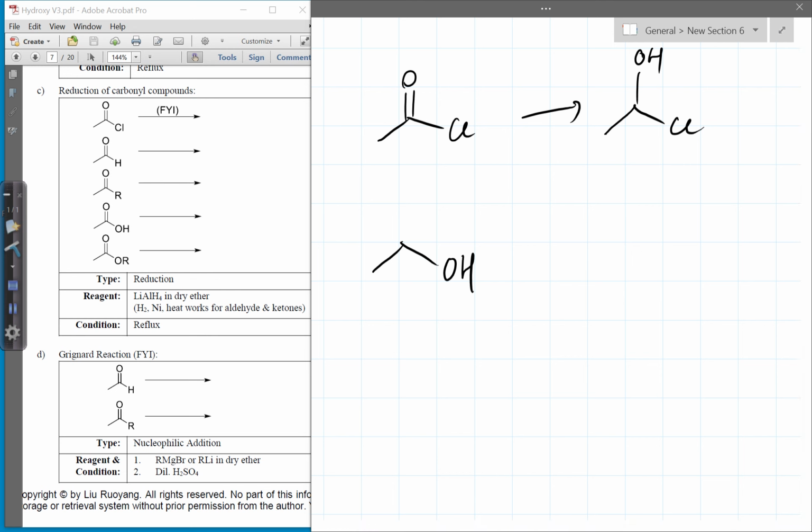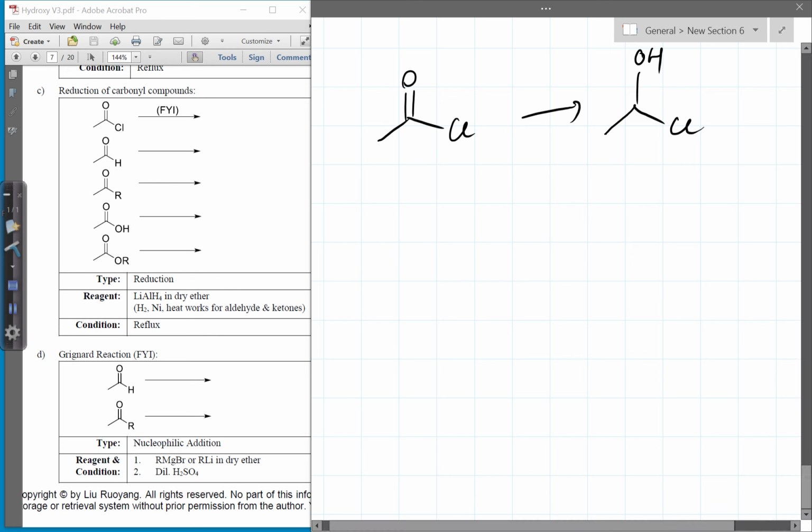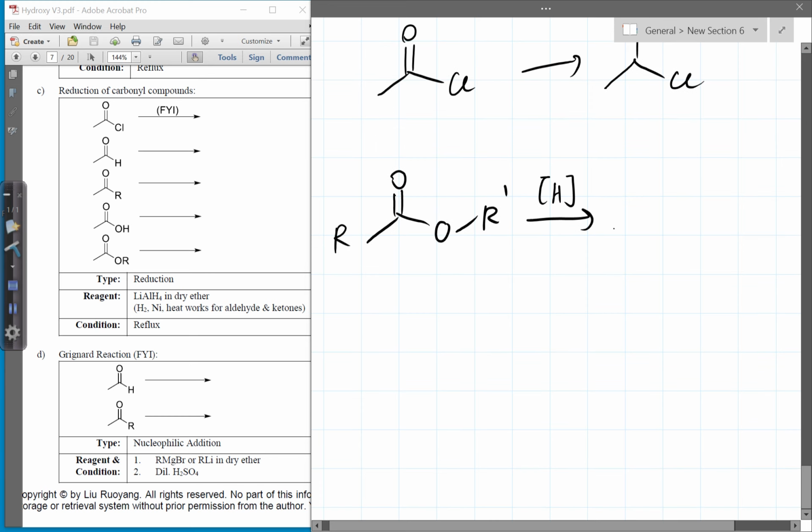And for your ester, if you reduce it, take note, something special about ester is that, let's say you have this ester, if you were to reduce it with lithium aluminum hydride, right, you obtain this product plus this product. In other words, two alcohols.